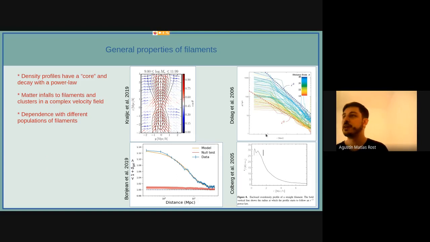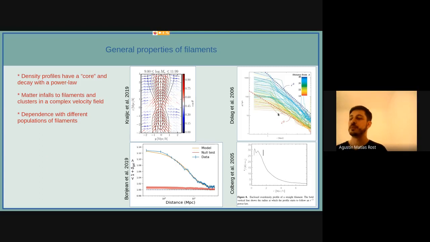For example, with the density profiles, I have a plot here. This is the distance to the filament axis, and this is the density. We can see that they show a core near the spine of the filament, and in the outskirts of the filament, the profile decays with a power law with a slope ranging between -2 and -3.